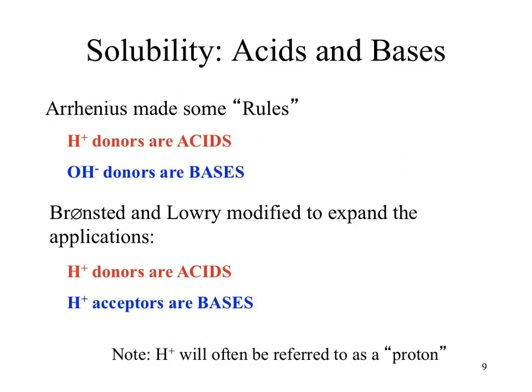What kind of a species would accept H plus or react with it? Anything negative, because H plus is positive. So what we can now do is kind of branch out and expand our definition a little bit. Okay? Unfortunately, this only expands it a little bit, and it doesn't apply well to all chemistry. Okay? We'll look at that all chemistry definition a little bit later on.